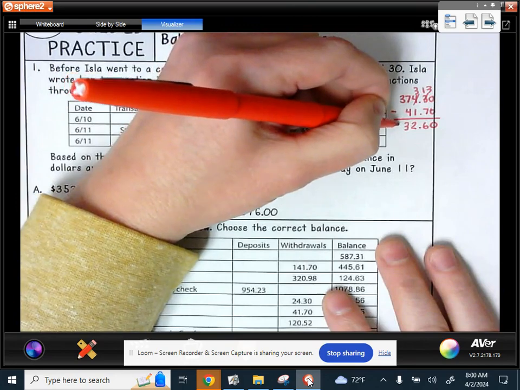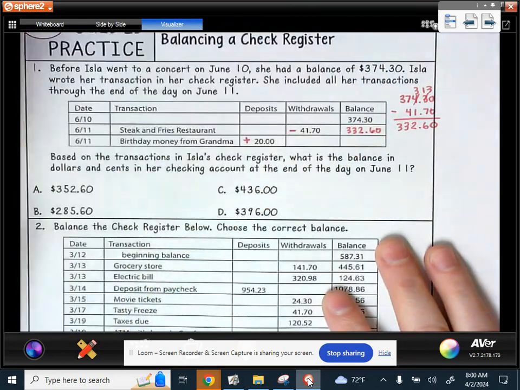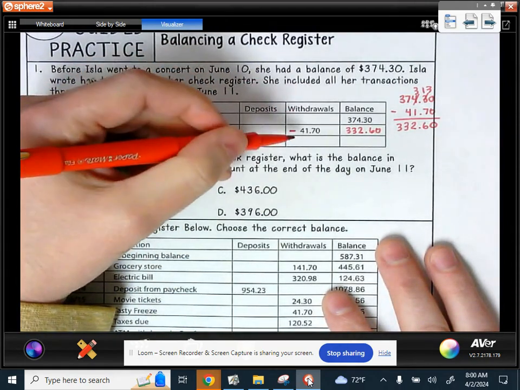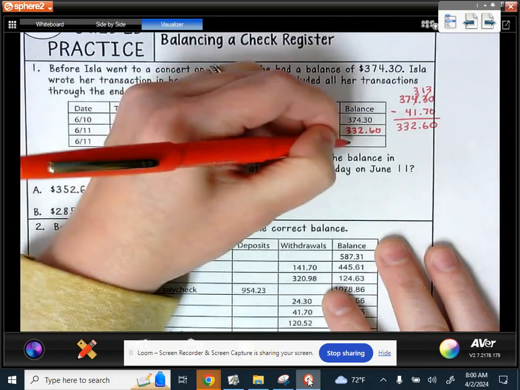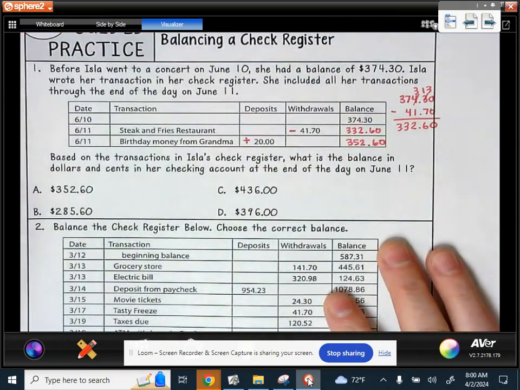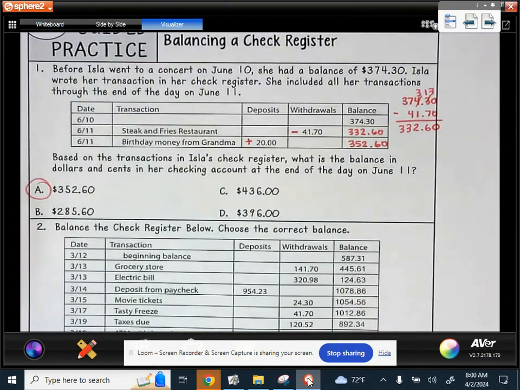And 3 minus 0 is 3. So after the first one, we've got $332.60. But we're not done because we have to add this deposit. So if it was $332, it's now going to be $352.60. And if you need to work that out to the side, that's fine. But if you can do it in your head, then why not? So the answer to the first one is A.